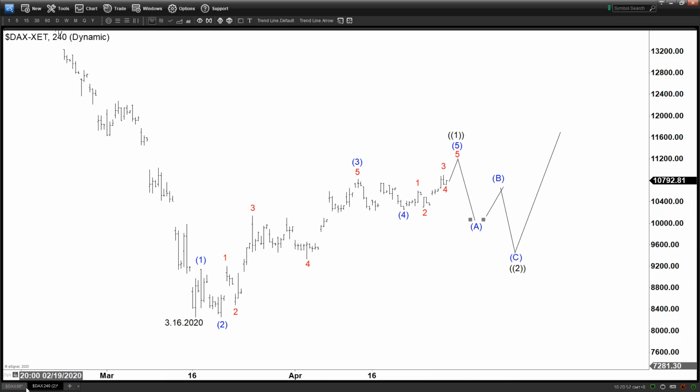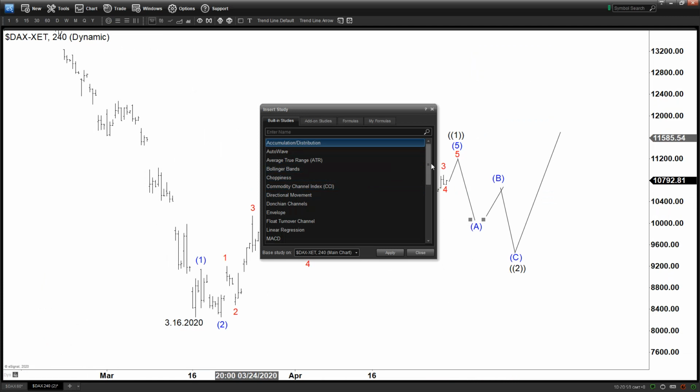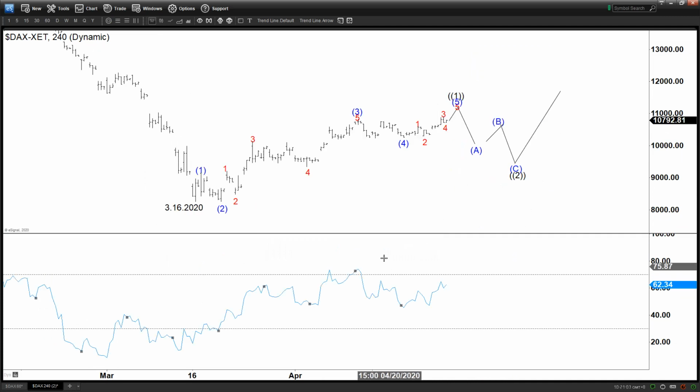Whenever the momentum starts to show the divergence, you should start to be cautious. Currently you can see the divergence clearly: even though the price makes a new high, the momentum does not. So this is a good sign that this could be a wave 5.